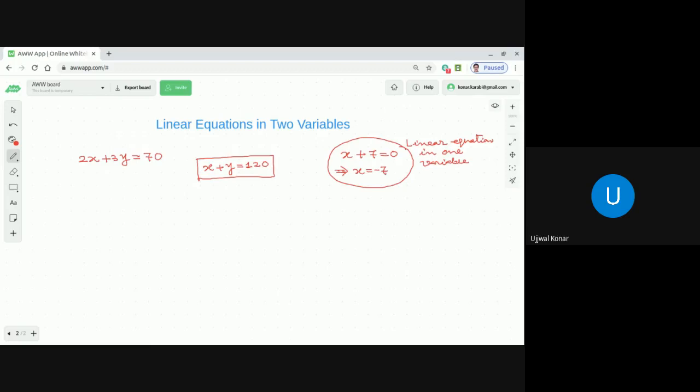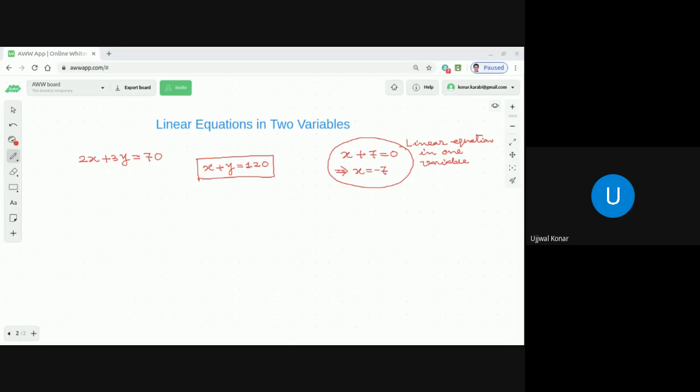Let me give you an example so that it helps you to understand why it is important to learn linear equations in two variables. Let me give you a very practical example. So suppose I say a question something like this.